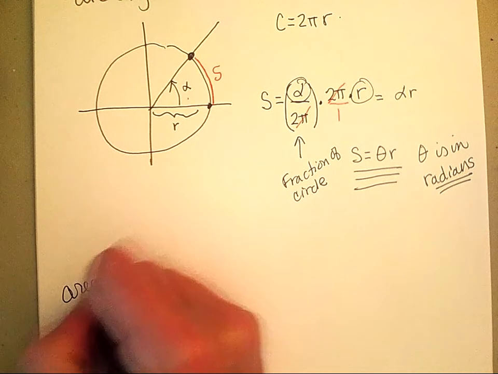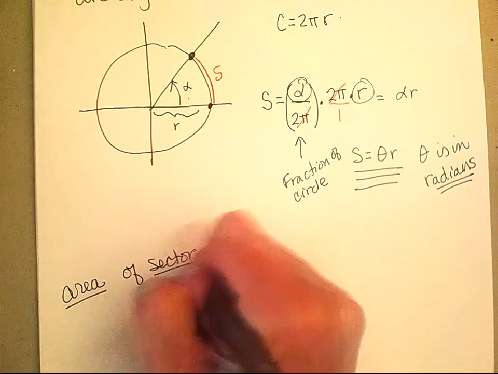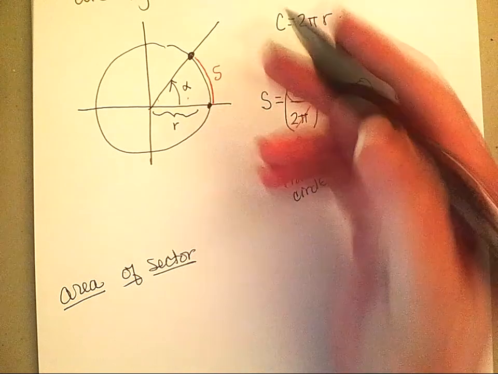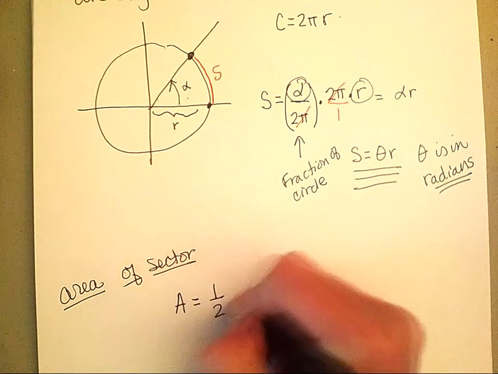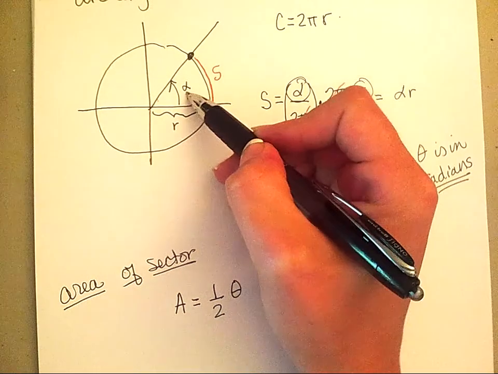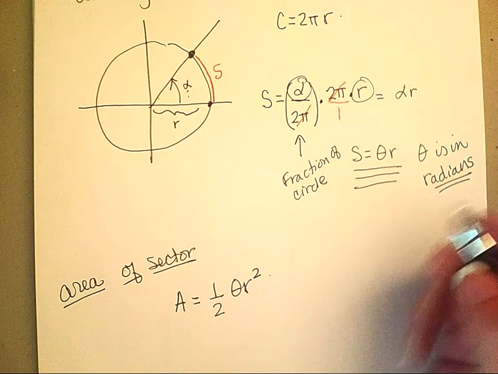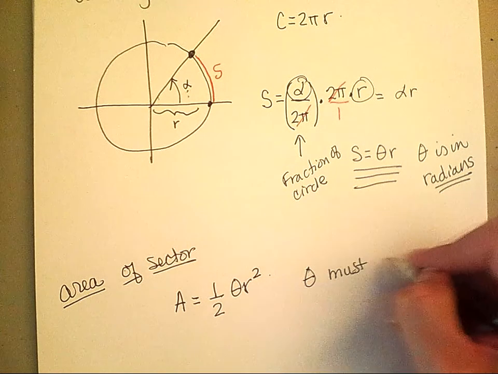And another formula that you'll need for your homework is the area of that sector. Not the arc length anymore, but the area is going to be equal to 1/2 theta, or alpha, whatever you want to use, r squared. And again, theta must be in radians.